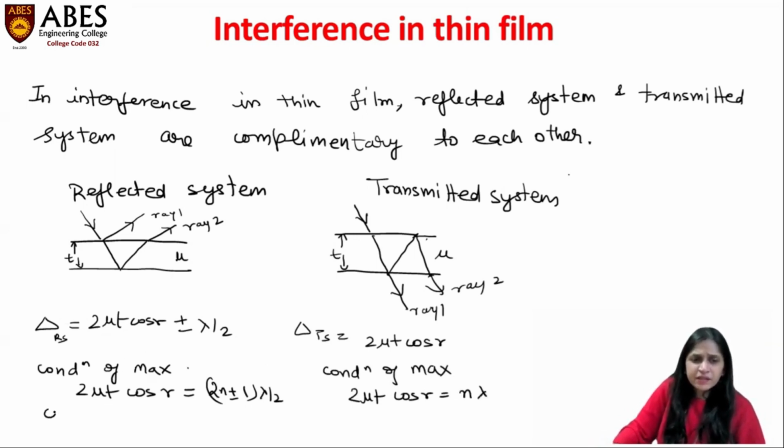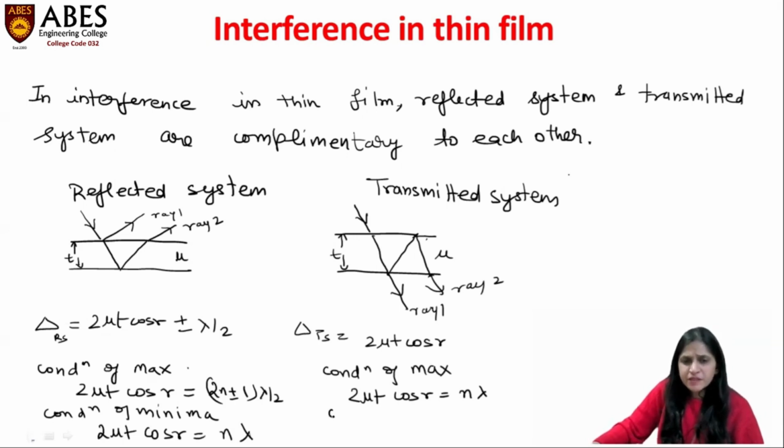The condition of minima for the reflected system is given by 2 mu t cos r equals n lambda. In the transmitted system, the condition of minima is given by 2 mu t cos r equals (2n plus minus 1) lambda by 2.